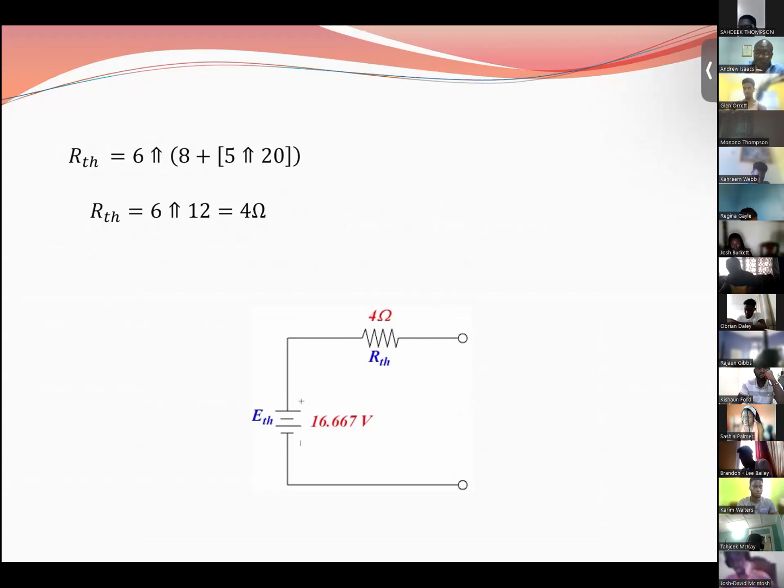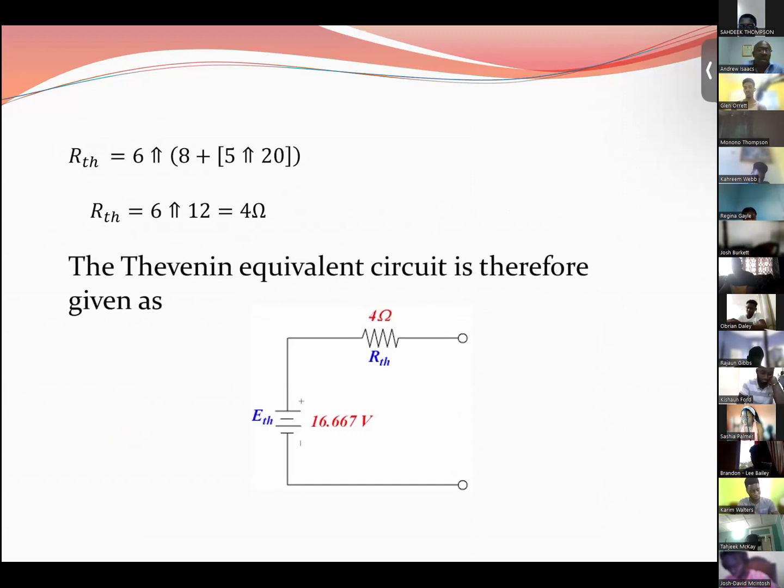The resistance Thevenin, based on the circuit, the equation, is 6 in parallel with 8, which is in series with 5 and 20 in parallel. And that gives us 4 ohms. All right, so the equivalent circuit would be the voltage of 16.667 in series with your 4 ohm resistor.